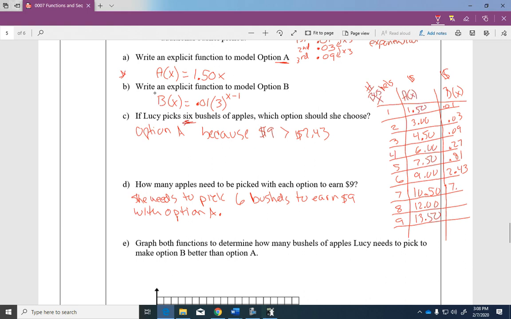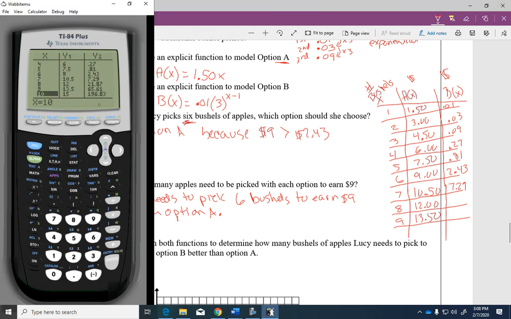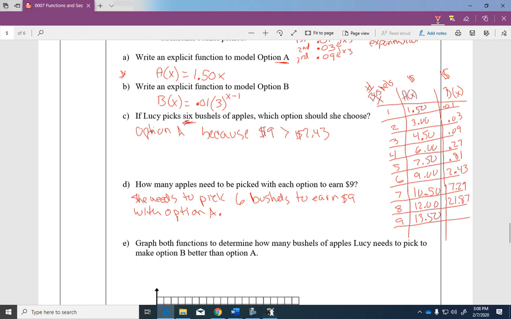So I didn't get there yet. And then next is $21.87. And I made it. She needs to pick 8 bushels. And she'd actually earn more than $9. But 7 bushels isn't enough because 7 bushels, it's only $7.29.